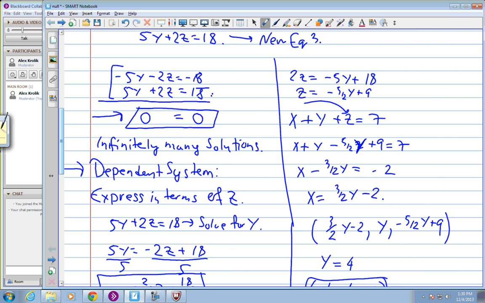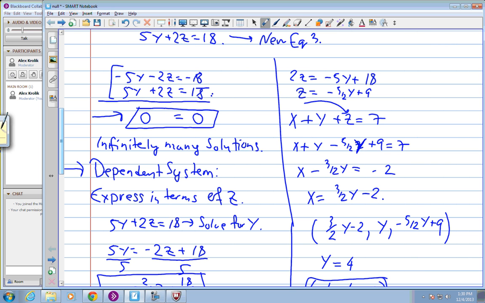That doesn't matter. See, here I took 5y plus 2z. I could have taken negative 5y minus 2z. It would still give me the same thing. These two equations are the same. If I multiply the top by negative 1, I'll get that one. They're the same equations.